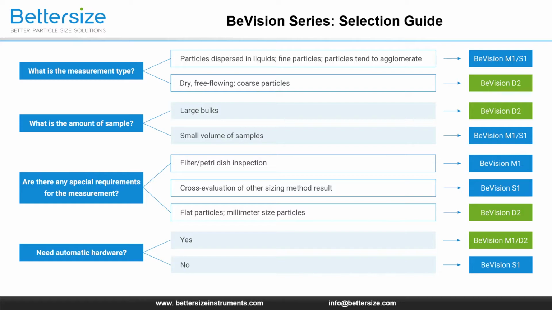For example, based on the measurement type, you can choose the Bevision D2 for dry and free-flowing coarse particles. Or if you are looking for a filter inspection tool, then the Bevision M1 is the best choice among the three. Most importantly, if you want to reduce your workload with automatic hardware, then you should try the Bevision M1 or Bevision D2.